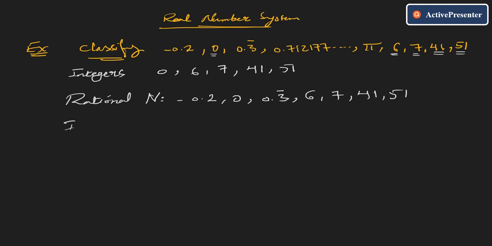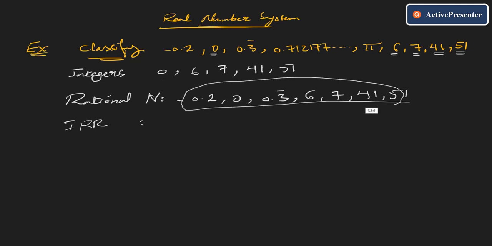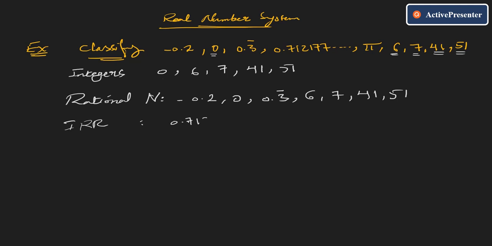So what are the irrational numbers? The irrational numbers are not any one of these numbers. What we can say, for example, is that 0.71217 (we don't know the rest) and pi are the irrational numbers.